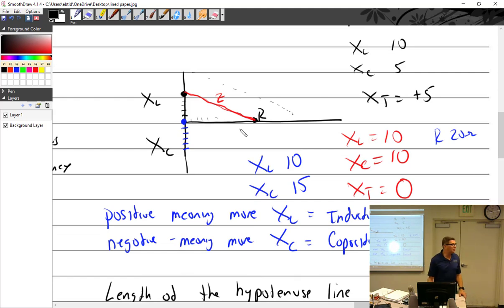We have to talk about phase angles. Because when things get out of whack like they are here, that's not a good circuit. It's out of balance, right? We have too much X of L. And if we were going to design this, we'd have to bring on capacitors to bring the X total, or X of L, back to 0.